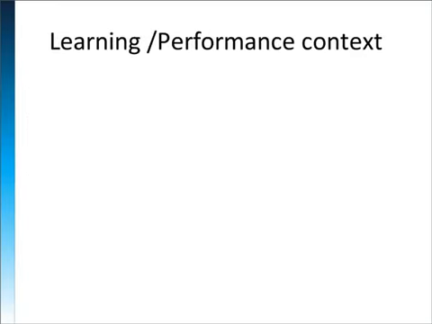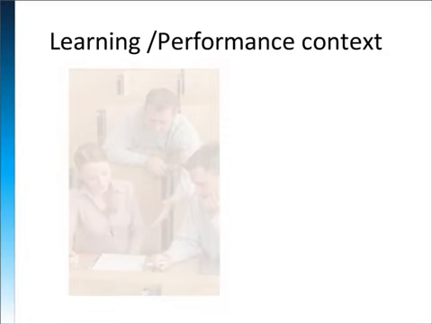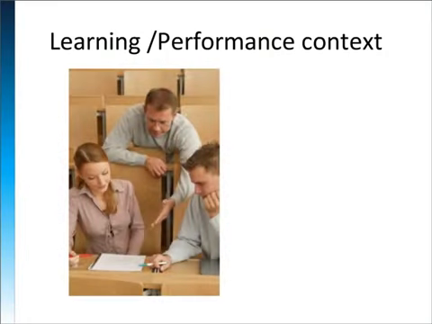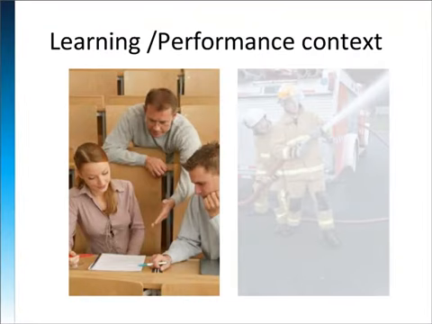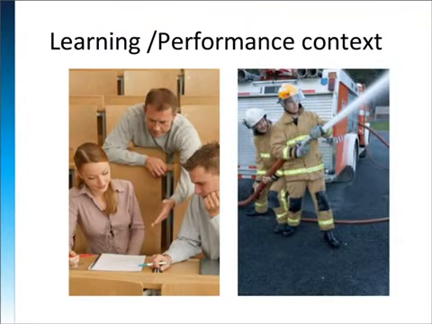For now, let's turn our attention to the goals of instruction and actually consider the learner both as they perform and learn. We need to know all about the setting in which learners will apply their new skills. Are they going to learn how to do something in the classroom, or will this be in a training environment?